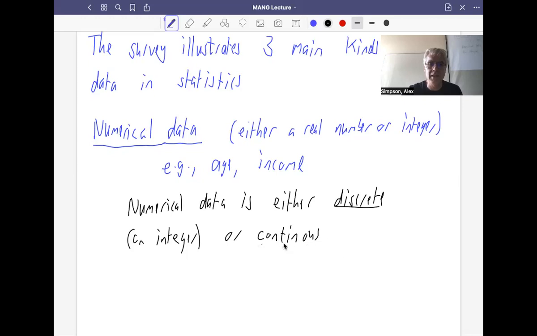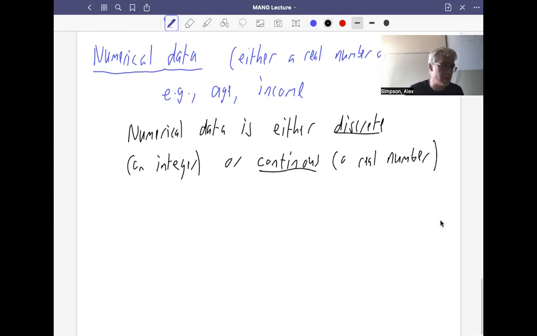Continuous value means when we're asking for a number that's a real number. So that's called continuous data. In our survey, we just had discrete data.